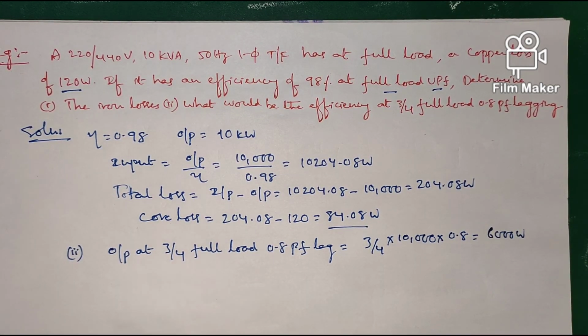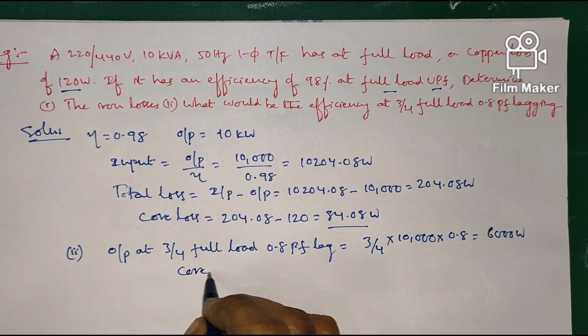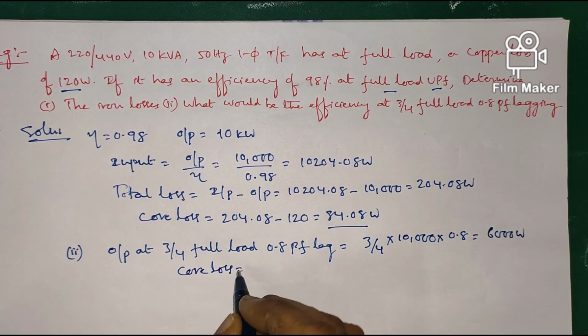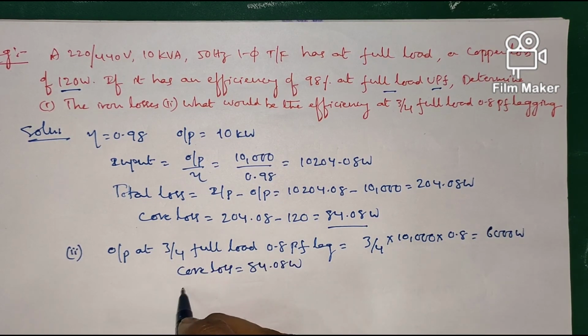After that, we have to find out the total losses. We know that the core loss remains the same, so we need not bother about it. The core loss will be equal to 84.08 watts. And now we have to find out the copper loss at this particular load.